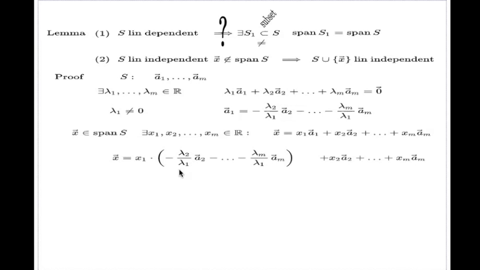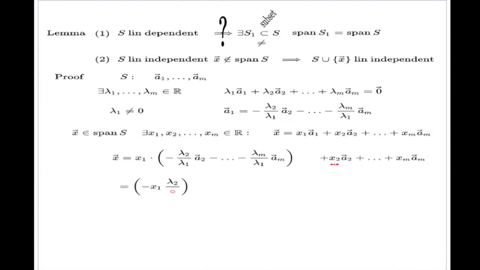But now I can just rearrange this thing, and I can combine all of the a2s together. We have two instances of a2. All of the a3s together, a3 will be next here, and a3 will be next here. All of the other vectors together, including this last one, am. If I combine all of them together, look what will happen. For the a2, the combined coefficient will be x1 times negative lambda 2 over lambda 1, plus this x2.